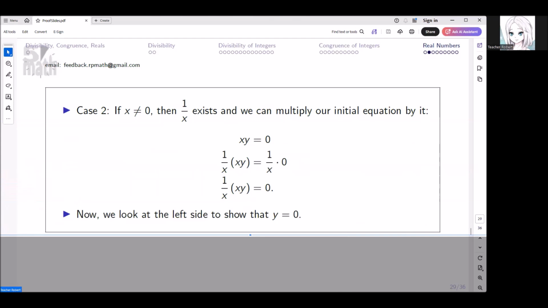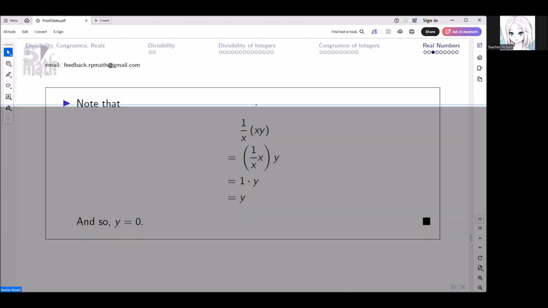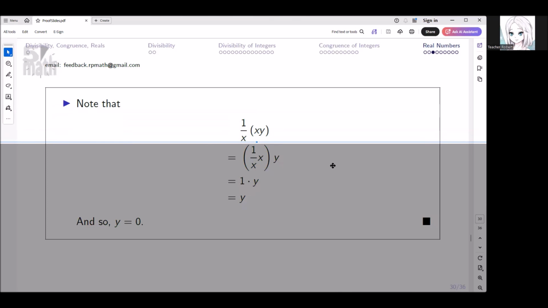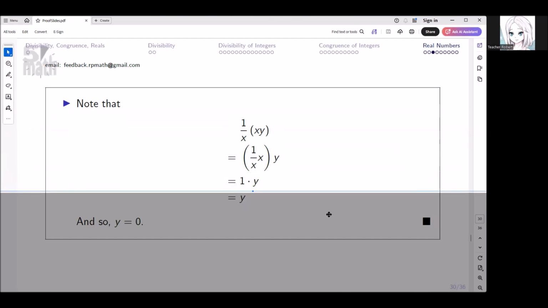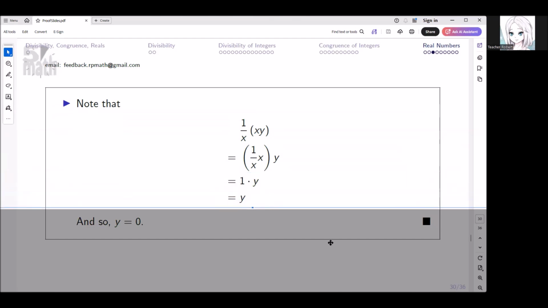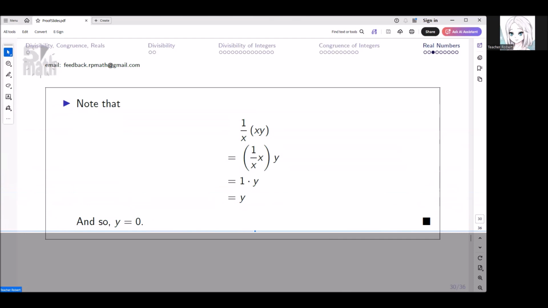Now we look at the left side to show that y equals 0. Note that 1 over x times xy equals (1 over x times x) times y, equals 1 times y, equals y. And so y equals 0.